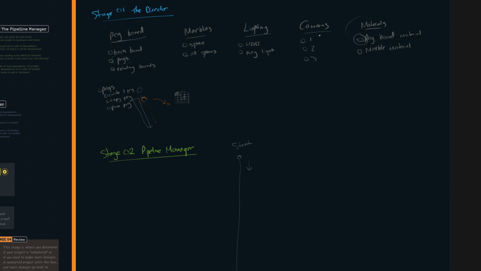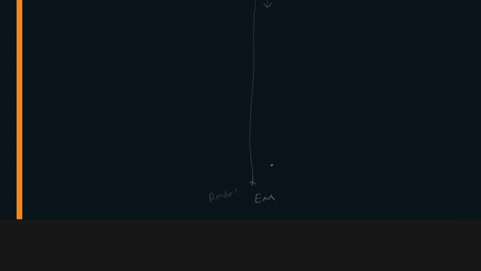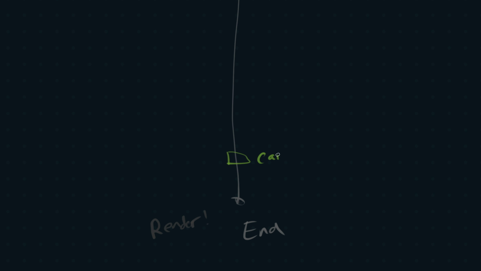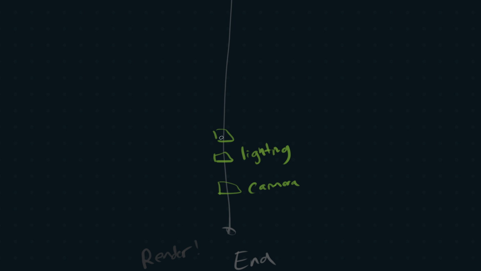So lighting and cameras and materials perhaps can come down at the end. So this can be camera. This can be my lighting. And maybe my materials are here.